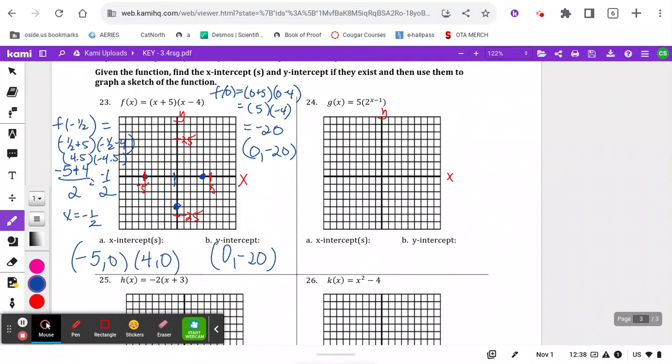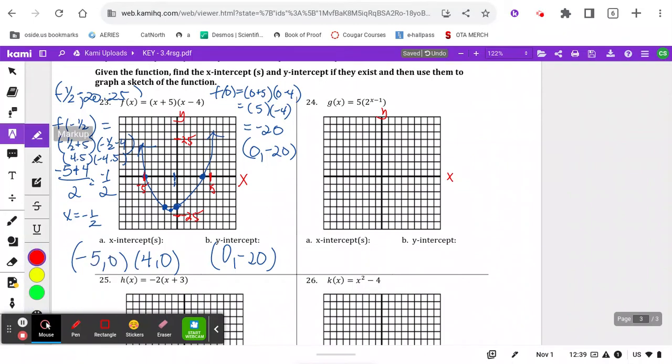So I'm grabbing my calculator to do that. 4.5 times 4.5 is 20.25. So -1/2, -20.25. That's a negative. Yuck. So if this down here was a -20, it's going to be just below that. And so there's my vertex. Connected, there's my graph. Last thing we put is the line of symmetry straight down the middle.